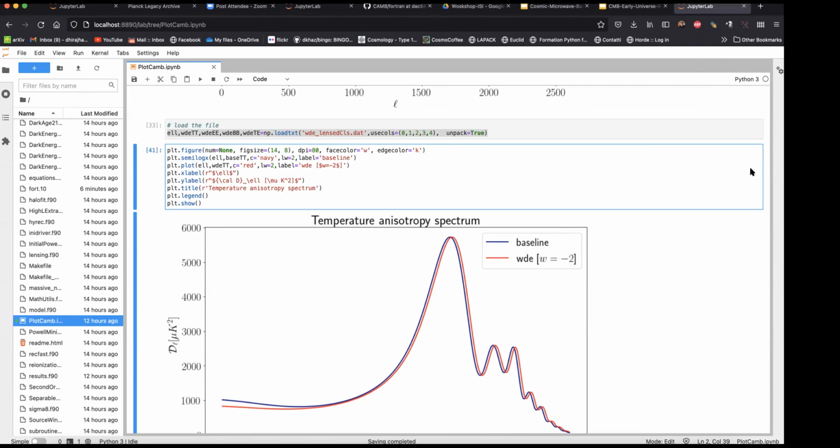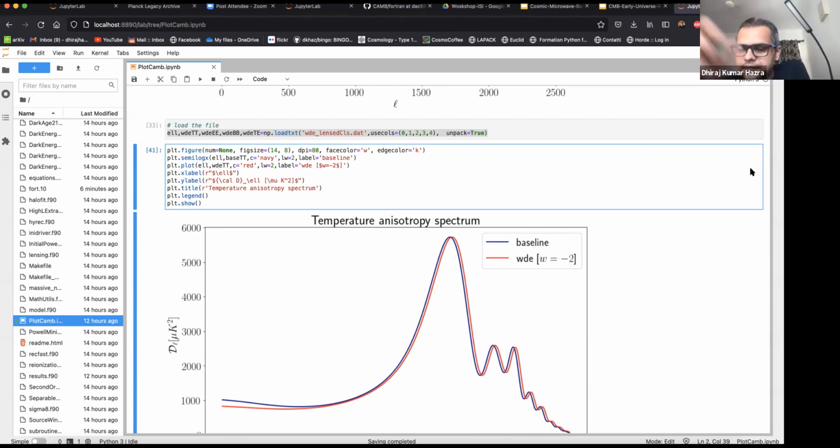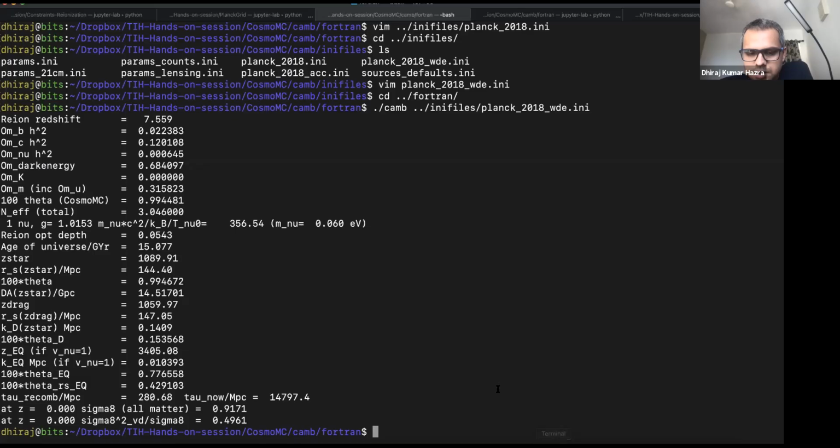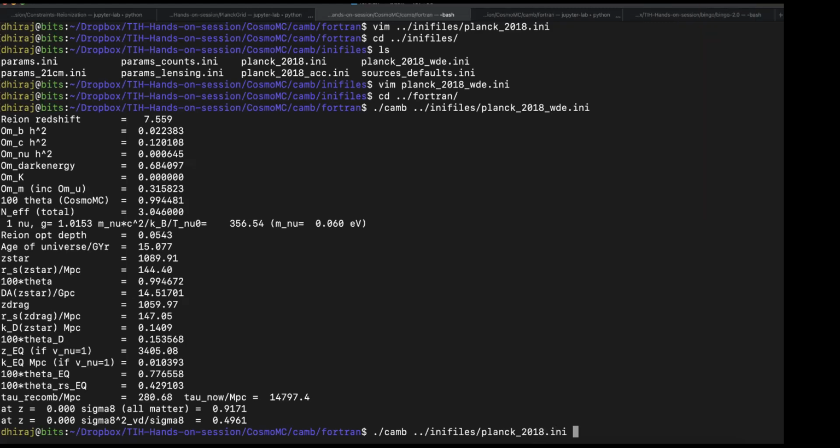The camb ini files. This one. Have you been able to run this? I haven't done this part. Actually, there was a connectivity problem. I lost the connectivity, so I came a bit slower.